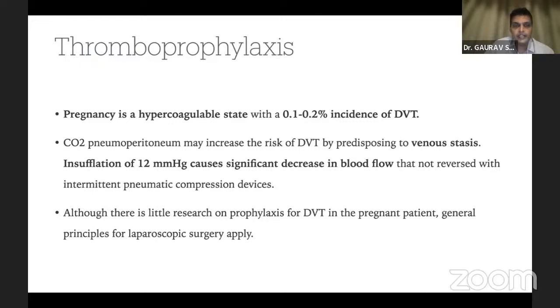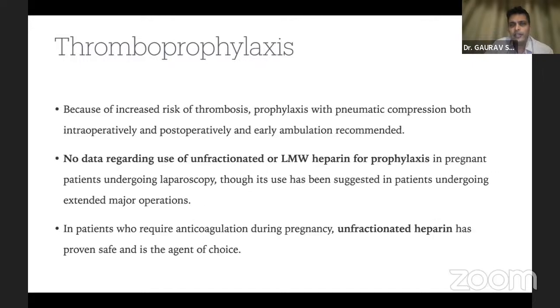So although there is little research now on the prophylaxis for DVT in pregnant patients, we don't routinely do it for a laparoscopy if it's usually quick, within about half an hour to 1 hour. These things go off uneventful. I personally don't use thromboprophylaxis routinely, unless, of course, the pregnant woman is grossly overweight, is obese, or has a past history or a family history of requiring these drugs.